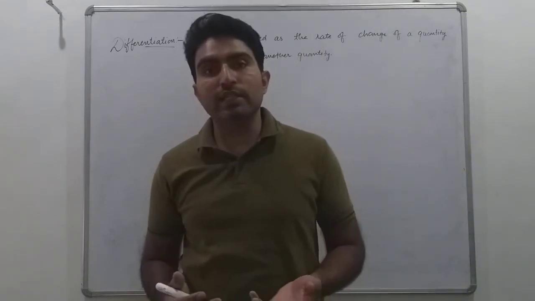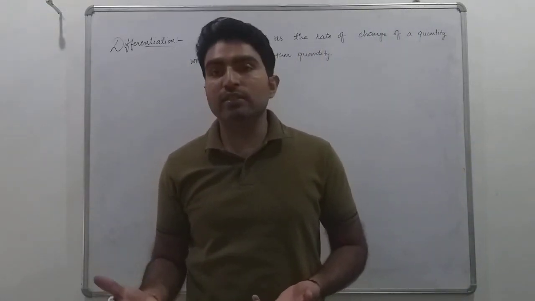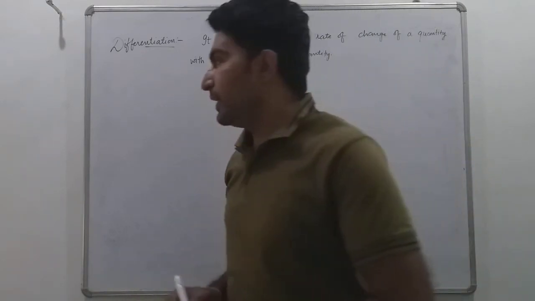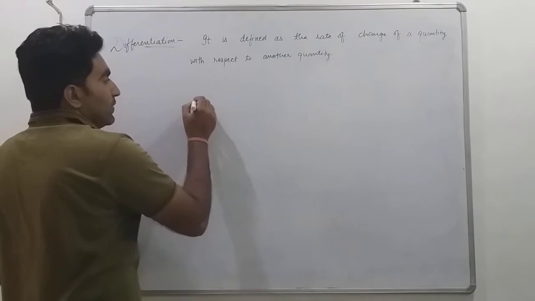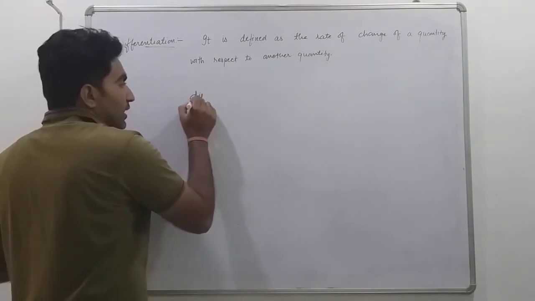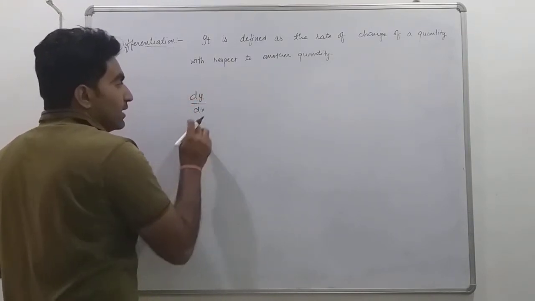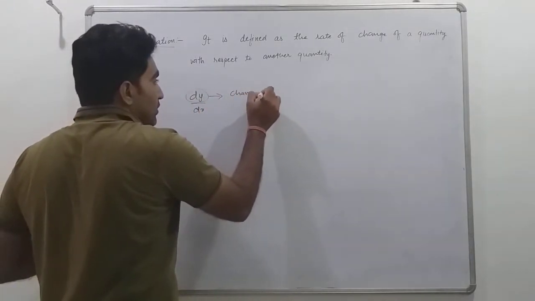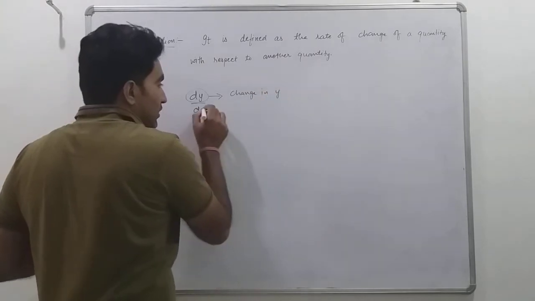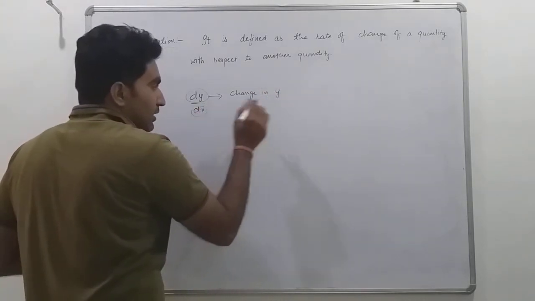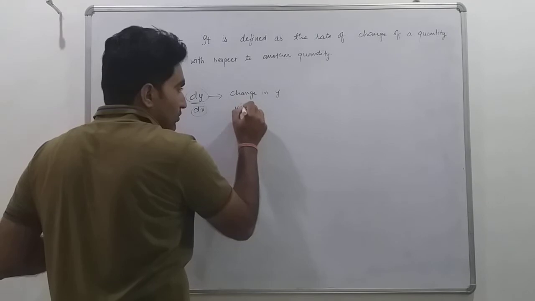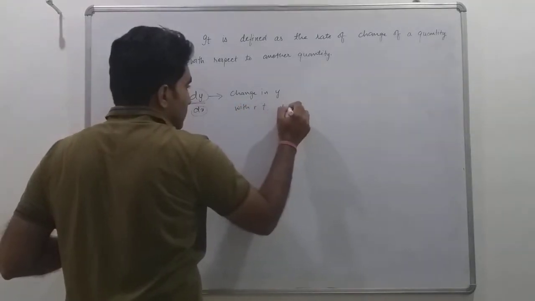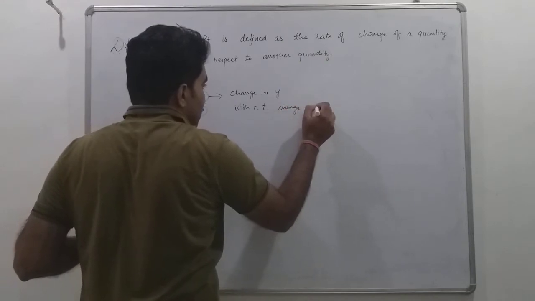Suppose we are checking the change in y with respect to x, then we will write it in the form of differentiation, and it will be equal to dy by dx. Here dy represents the change in y, and dx is the change in x.